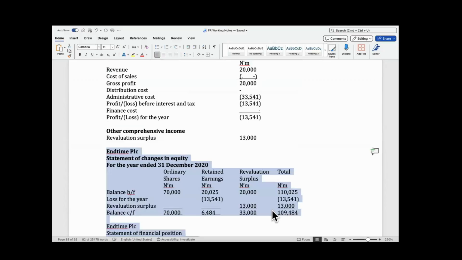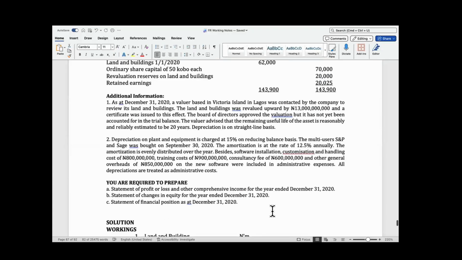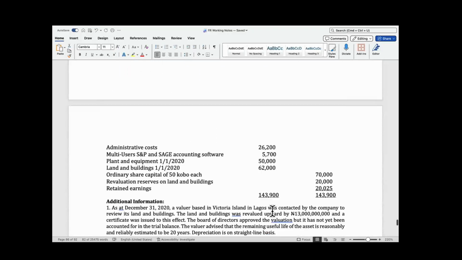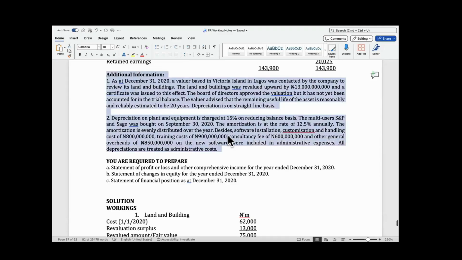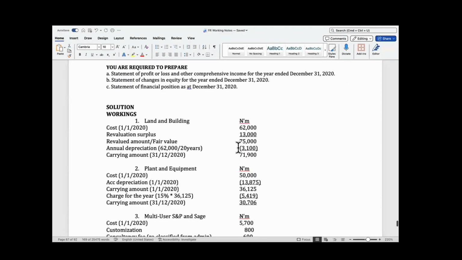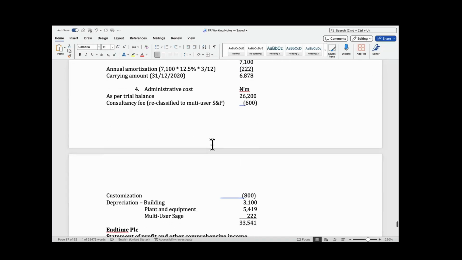That's for April, not for now. So you can just look at it and see. All I'm playing around with is this trial balance. But the core thing I need you to notice is how to really get these figures, the depreciation and the carrying amount for each item class.